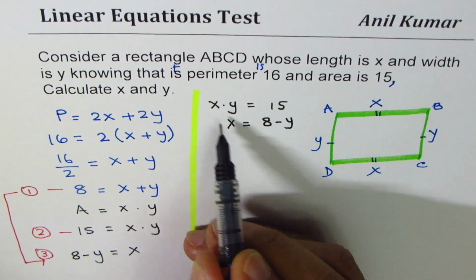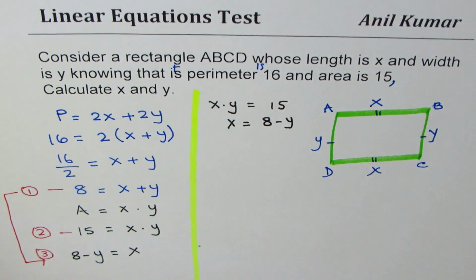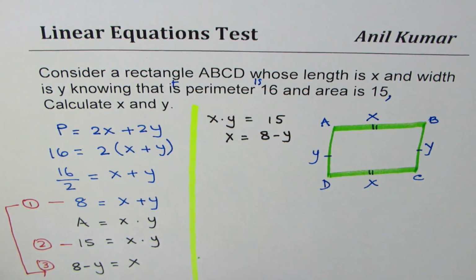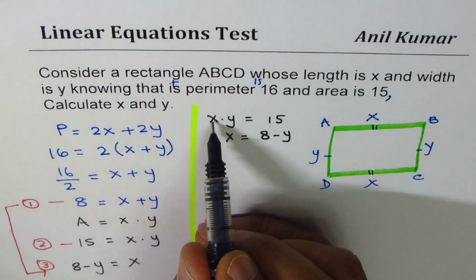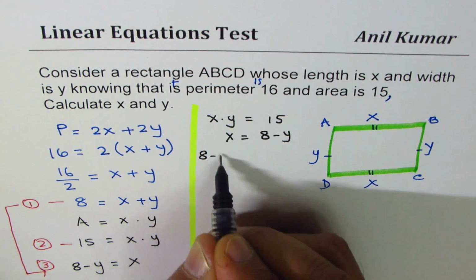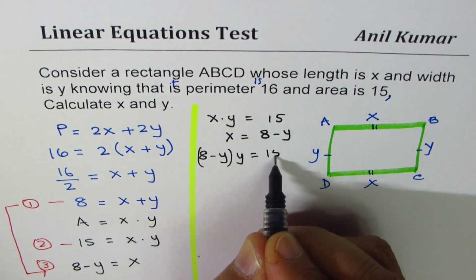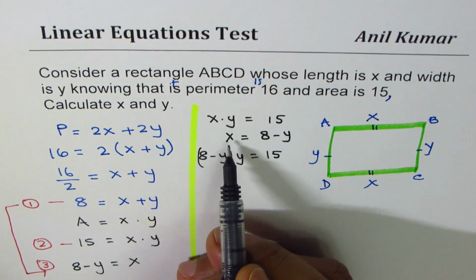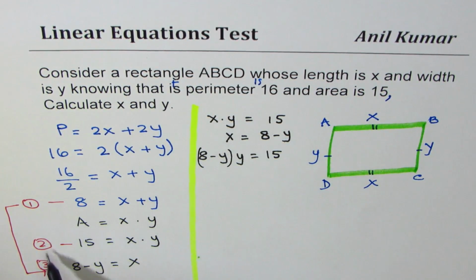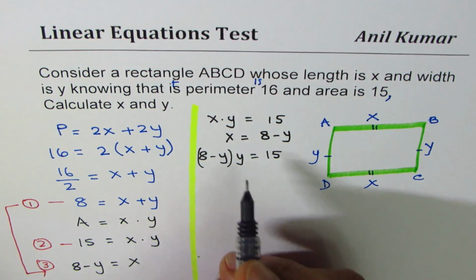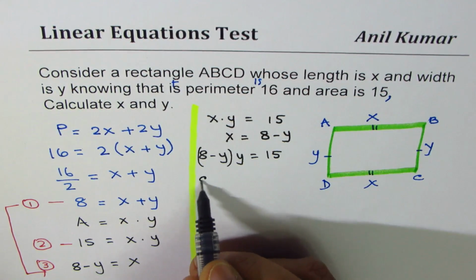So I can substitute this value of x here, and find what y is. So x is 8 minus y. I'll write x as 8 minus y multiplied by y equals 15. So I've substituted this value in equation number 2. We have an equation in y now. Perfect. So let's expand it.